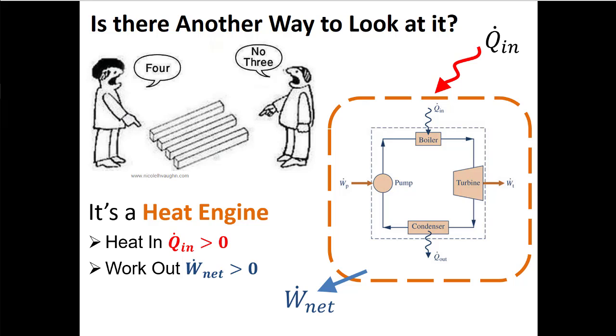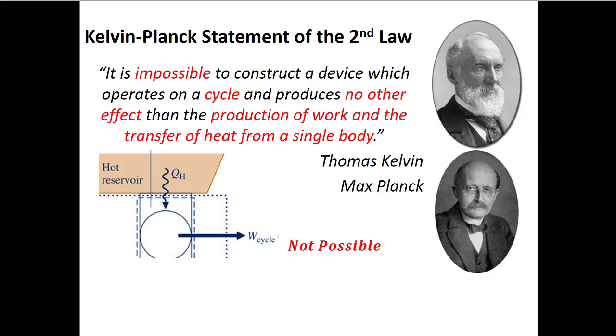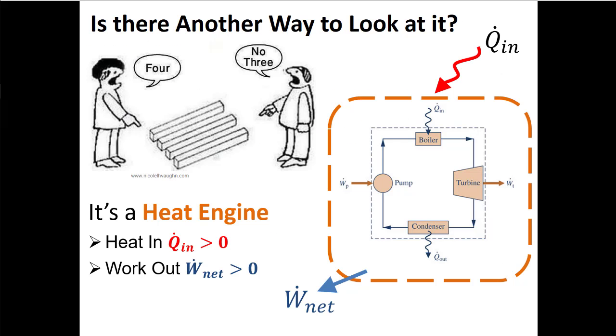So on net, this heat engine produces power, and that's good because as humans, we have this insatiable thirst for power, for energy, for better or worse. So this is called a heat engine, and that's the whole purpose of thermodynamics. Thermo, heat; dynamics, work. We're turning heat into work.